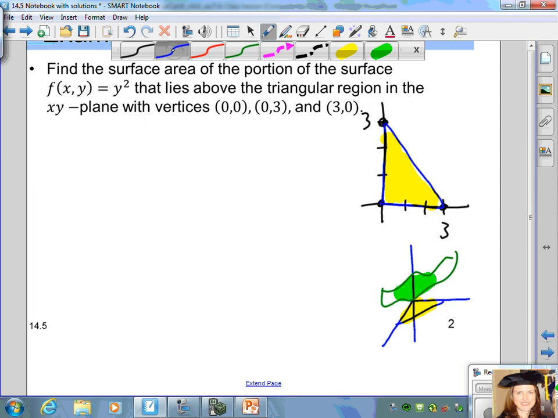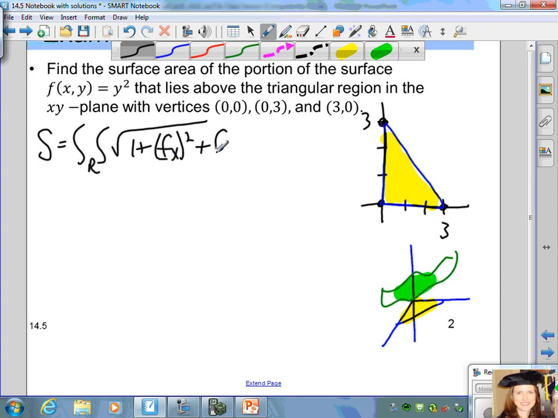Recall that the formula for surface area is equal to this double integral over R of the square root of 1 plus the partial with respect to x squared plus the partial with respect to y squared dA, differential area. So let's find the partial derivative of our original function, f sub x. We treat x as a variable and y as a constant, and that derivative is going to be 0.